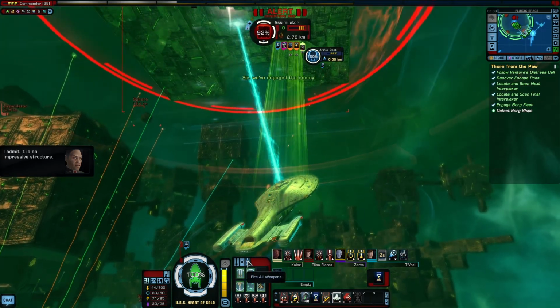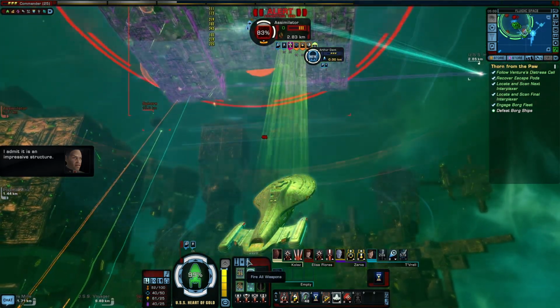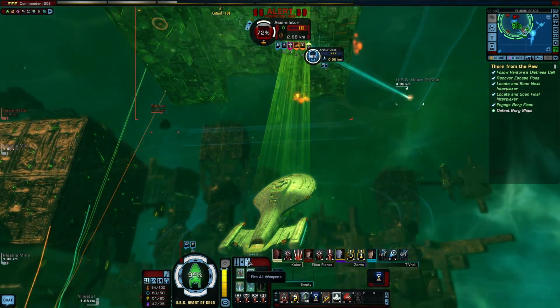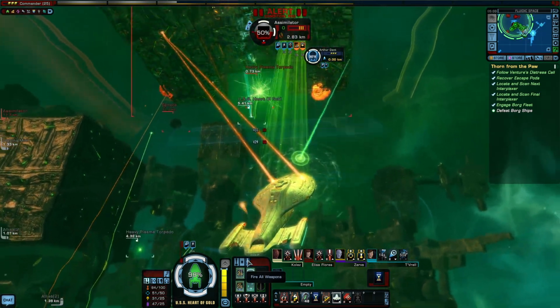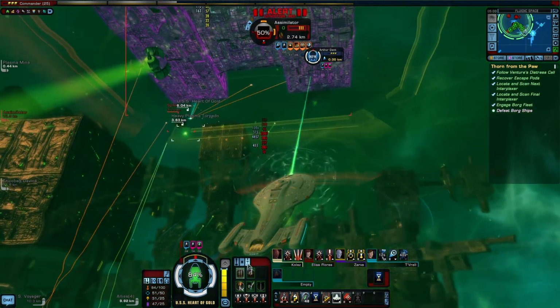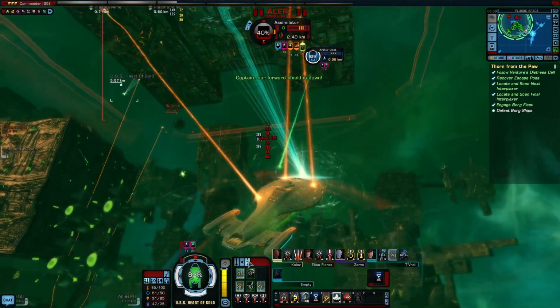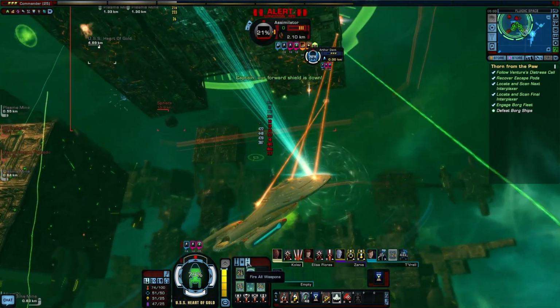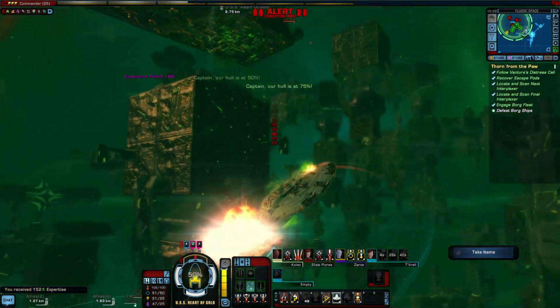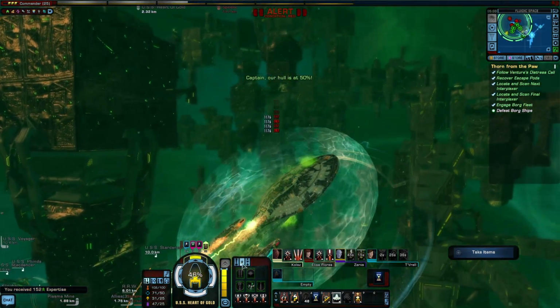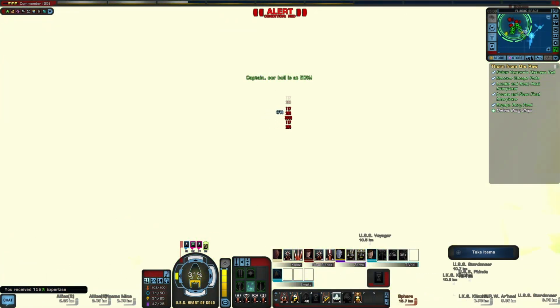We have engaged the Borg. I'm stuck in a tractor beam. Oh crap. Lovely. Not as if the tractor beam is going to do much. Oh boy, hull integrity at 50%. Oh my goodness.